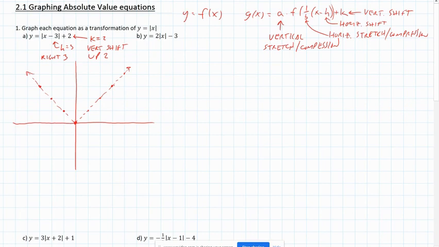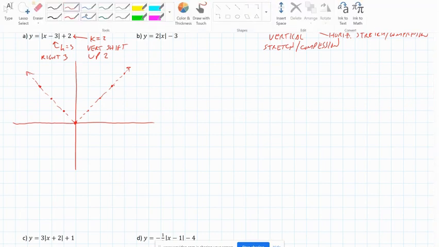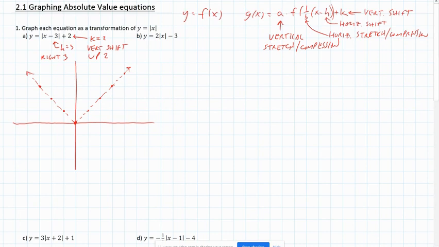Now we're going to take that parent graph and shift it right 3 and up 2. So take every single point that I just graphed and move them right 3 and up 2. So this point, right 3 and up 2 ends up here. This point, right 3, up 2.